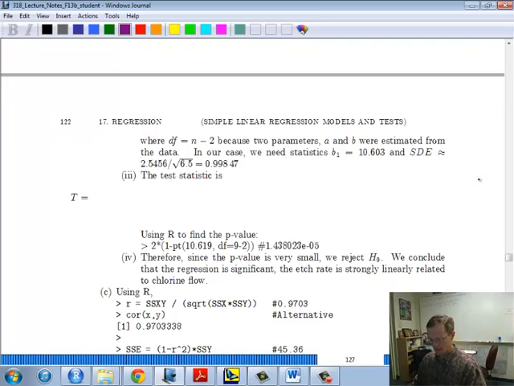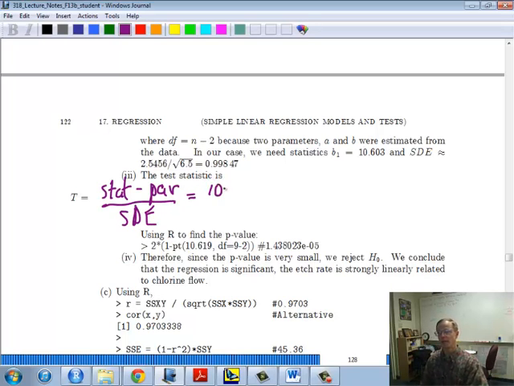Awesome. So the test statistic then is going to be, remember we always do the statistic minus the parameter over the standard error, and the statistic was 10.6, my slope. The parameter under the null hypothesis is beta equals 0, and then divided by nearly 1, 0.9984.